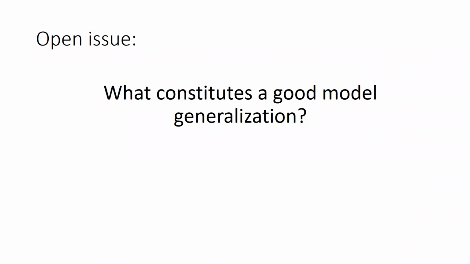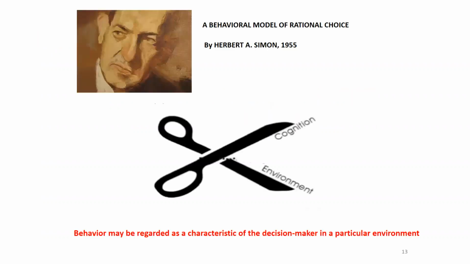So I believe generalization is one of the most important criteria to test whether theories are good or not. But what constitutes a good model generalization? Here I'm going to bring in the idea of the pair of scissors, which we all know from Herb Simon, defining that behavior may be regarded as a characteristic of a decision maker in a particular environment.